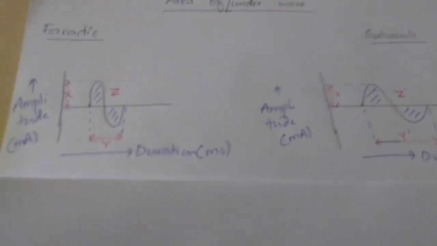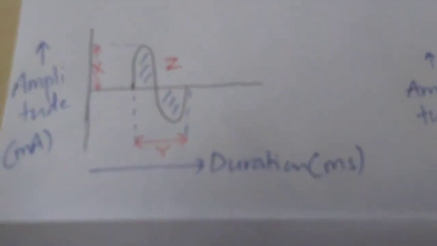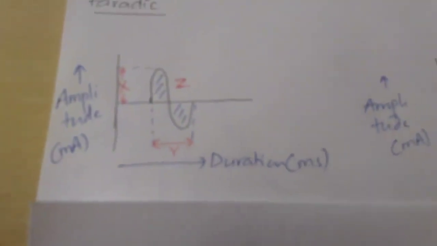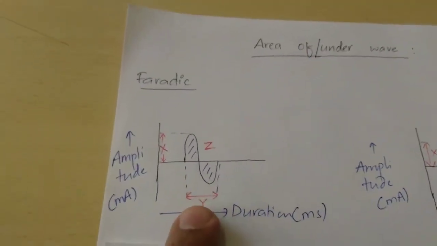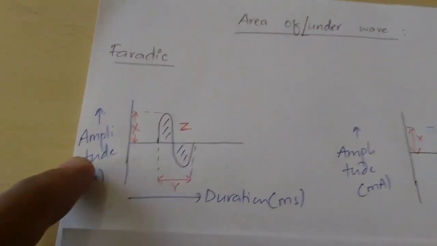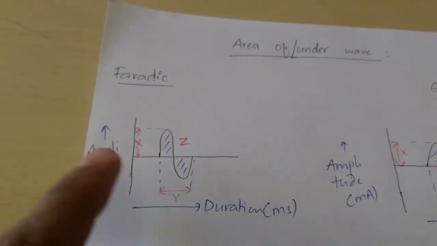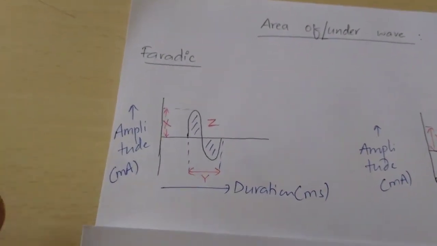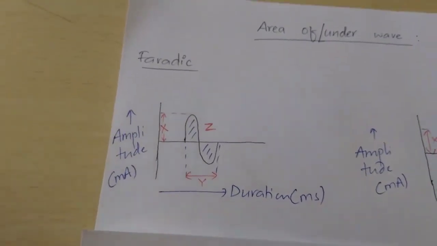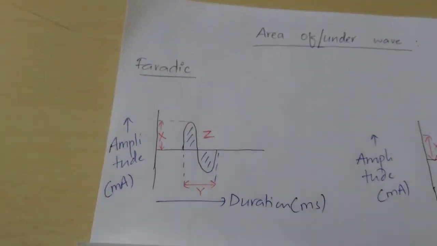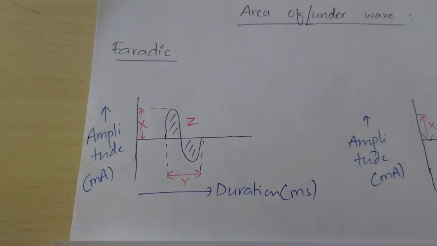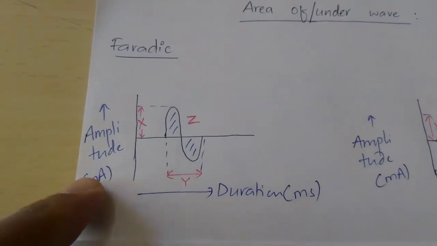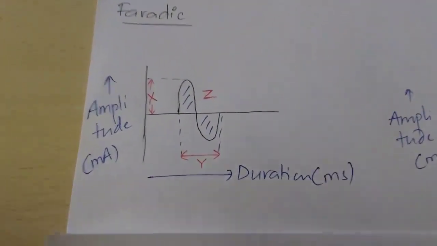Now we can see this graph or figure in which I have plotted duration along the x-axis and amplitude along the y-axis. This amplitude refers to the intensity that we are setting with the intensity knob that is available in the electrical muscle stimulator. This amplitude refers to the current intensity.